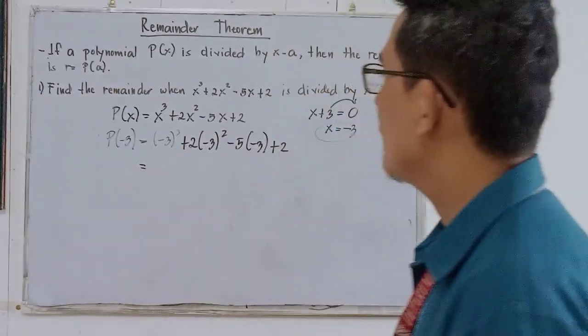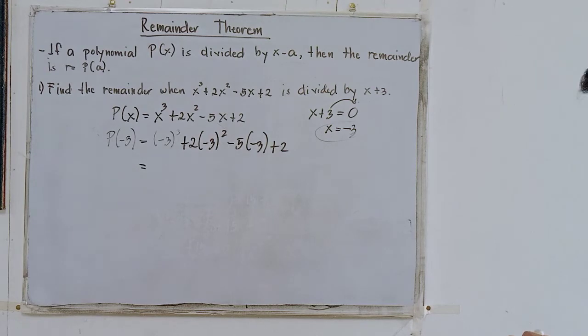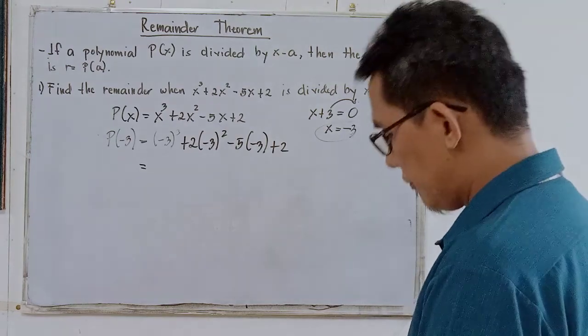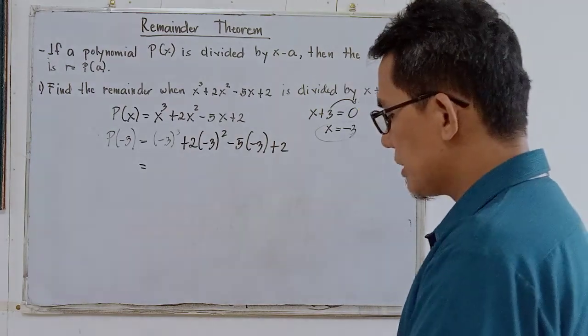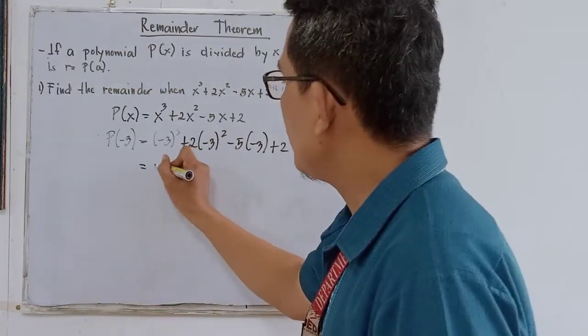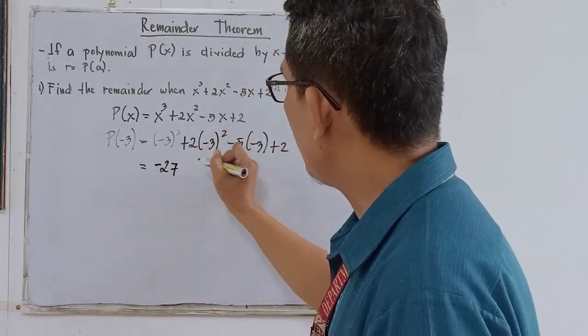Then we simplify negative 3 raised to 3. What is negative 3 raised to 3? That means the base negative 3 is multiplied 3 times by itself. So negative 3 times negative 3 times negative 3 is negative 27.